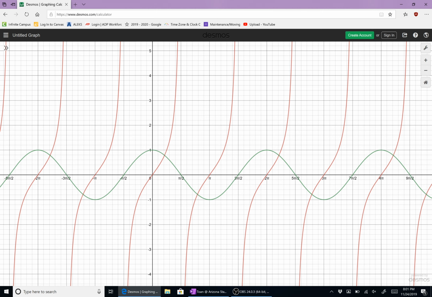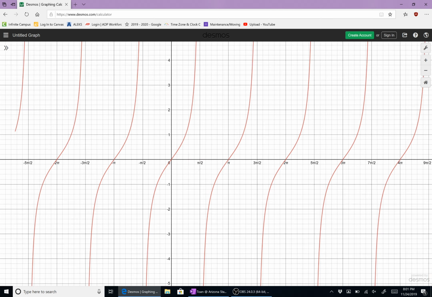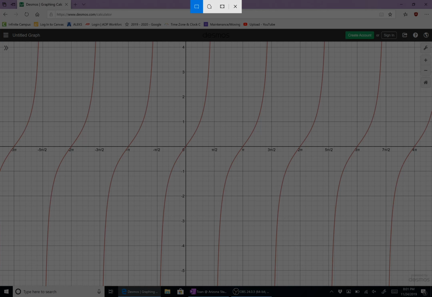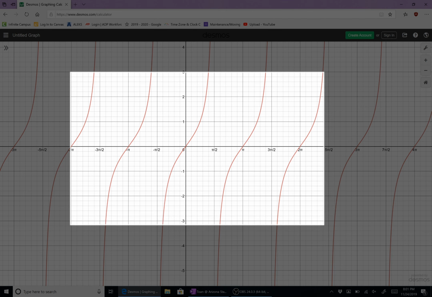Just so I don't have to constantly flip back and forth, and for the sake of completeness of notes, I'll go ahead and take a snippet of this picture here. I suppose you could include it in your own notebooks if you want, but again, you can easily recreate this by using a graphing calculator or popping on Desmos.